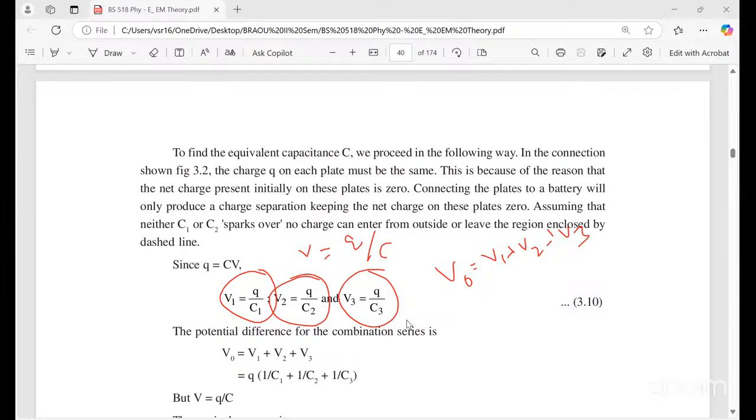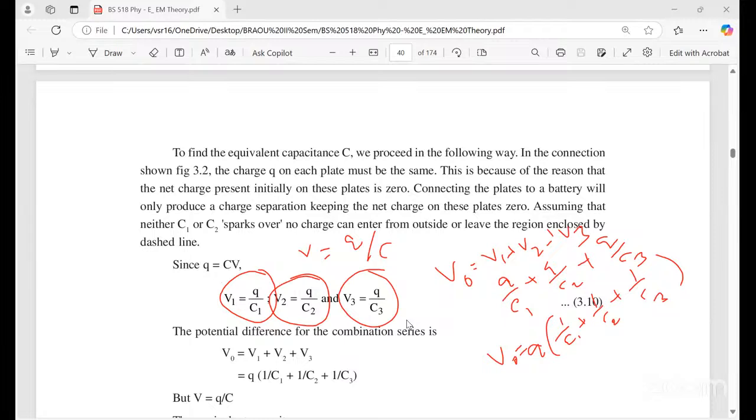Substitute here Q by C1, Q by C2, Q by C3. Q is common, so V equals Q into 1 by C1 plus 1 by C2 plus 1 by C3.